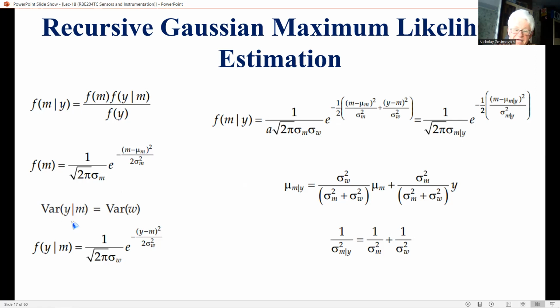Also, once m is given, the mean value of y is m. So both model error and measurement error are zero mean. And hence we have the third equation for f of y when m: 1 over 2 pi square root times sigma w times e to the power minus (y minus m) squared over 2 sigma w squared.